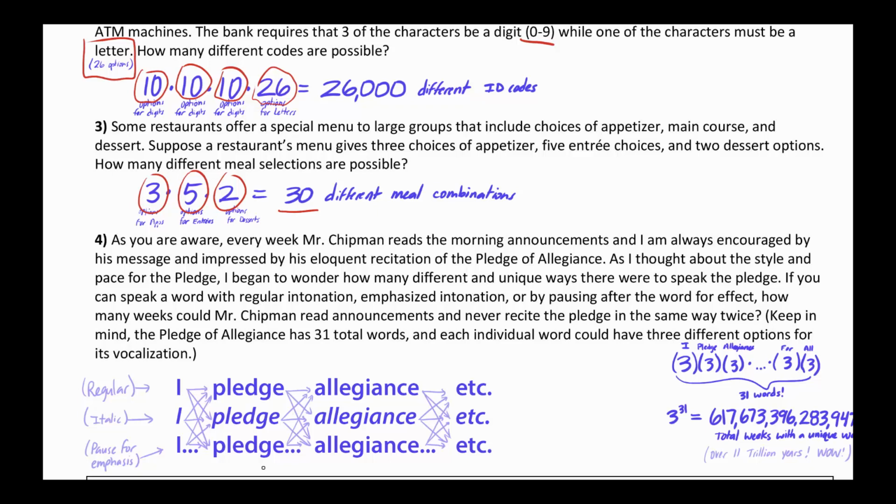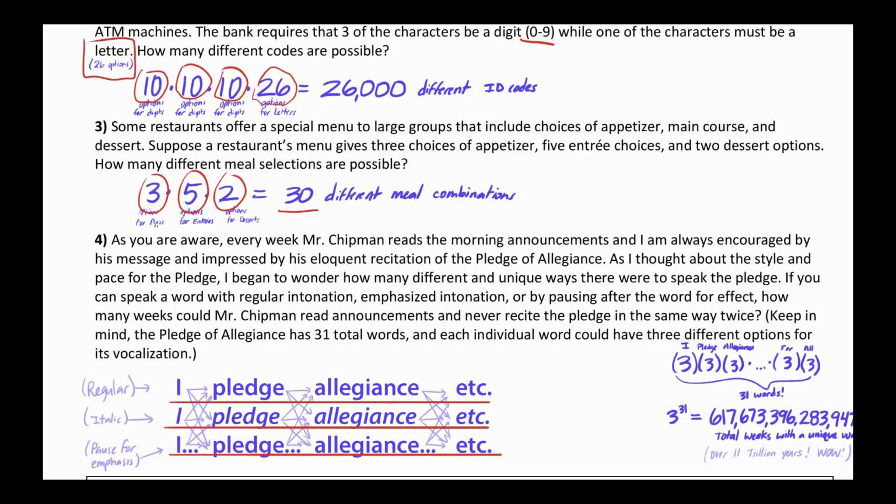Now, keep in mind, the Pledge of Allegiance has 31 words. Each word could be said in 3 different ways. So I've drawn a little diagram to help us think about this. We have regular, which is just regular font right here on top. And then I have italics, which would be emphasis behind his words. So I pledge allegiance. And then there's ... down here on the bottom, and that's pausing for effect.